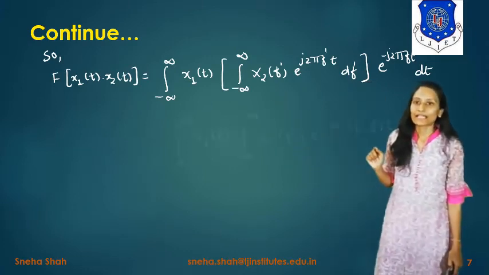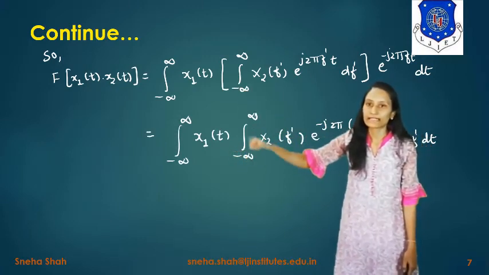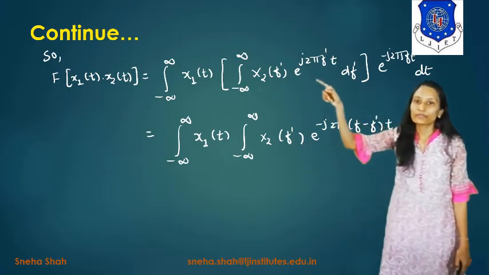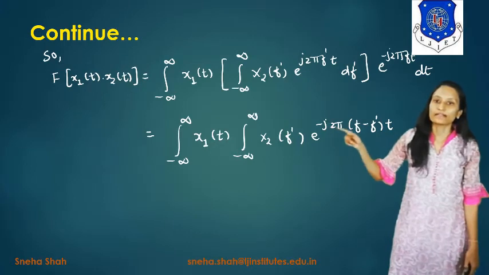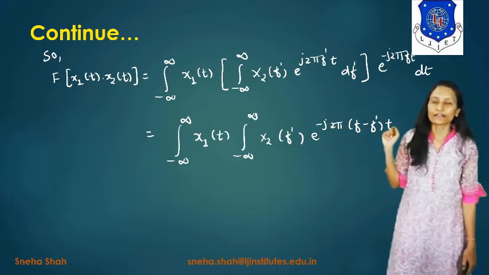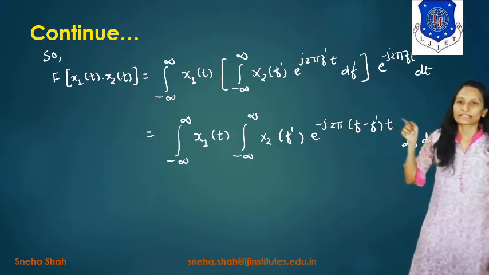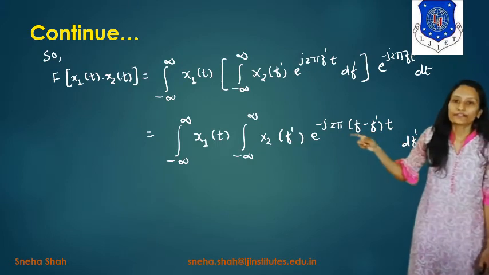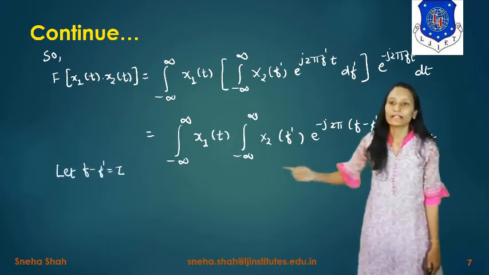Now the next step is integration from minus infinity to infinity of x1(t) as it is, integration from minus infinity to infinity of X2(f'), and these two terms will be merged by taking e^(-j2πt) as common: e^(-j2π(f-f')t) df' dt. Now instead of this f minus f', we take any dummy variable like tau.